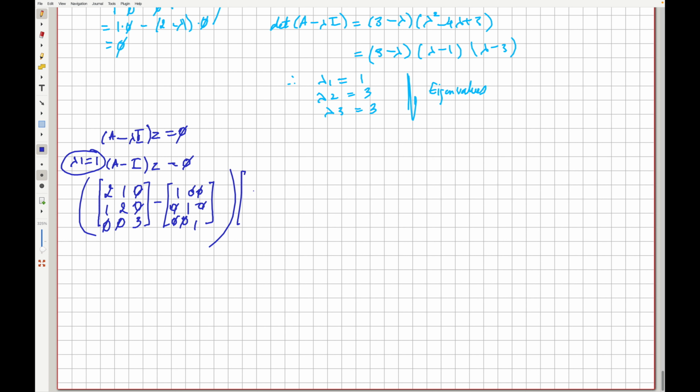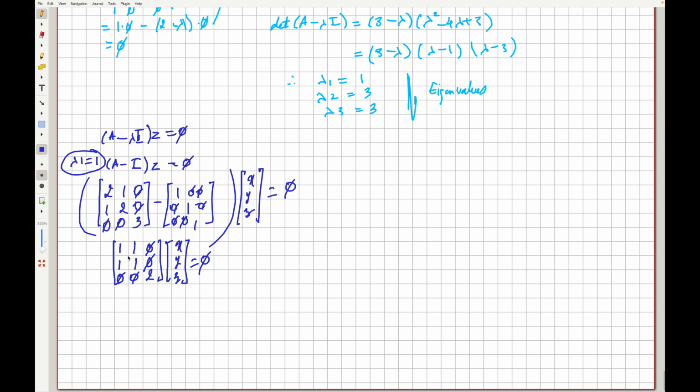After subtraction, we have z, which is the three axis coordinates. Let's say that's x y z, and we set that equal to 0. If you perform the subtraction, we get 2 minus 1 is 1, 1 minus 0 is 1, 0 minus 0 is 0, and so on. Here we have 1 minus 0, 2 minus 1, 0 minus 0, and the same thing here. So we have 0 0 and 2 times x y z is equal to 0.